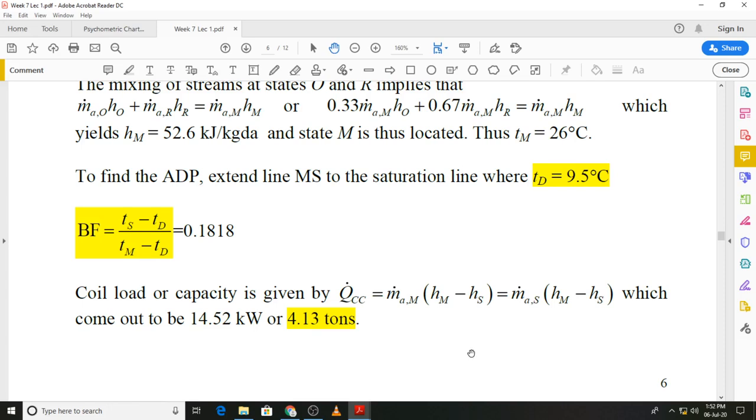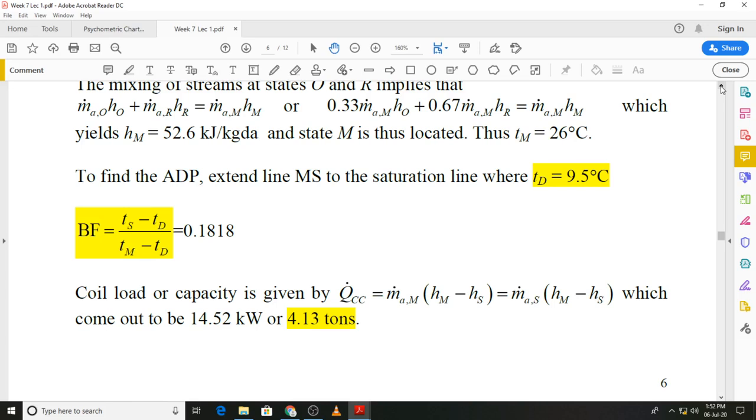Now one thing that you will notice is that the coil capacity is 14.52 kilowatts, whereas the space load was 9 plus 2.5, that is 11.5 kilowatts. So the coil load is higher than the load on the space, and the reason for that is that this coil is also used to bring the outside air, which is mixed with the recirculated air, to the desired supply condition.